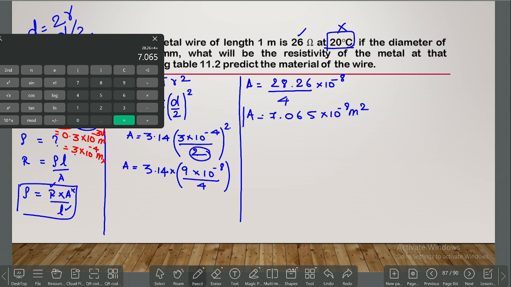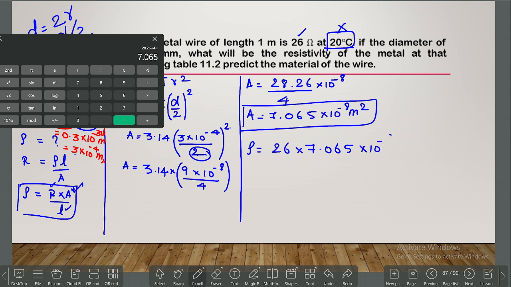meter square. Now we calculated the area of cross section, so you can substitute in this formula and then you can calculate. So what is the formula? Rho is equal to R A by L. What is the value of R? 26 into, what is the value of A? We calculated 7.065 into 10 to the power of minus 8 by, what is the value of L?